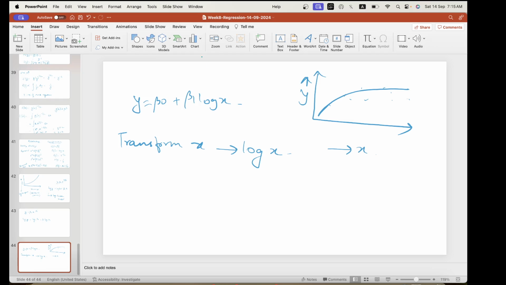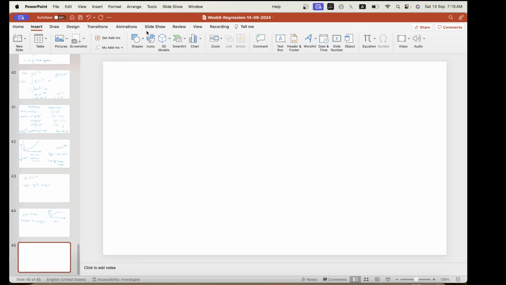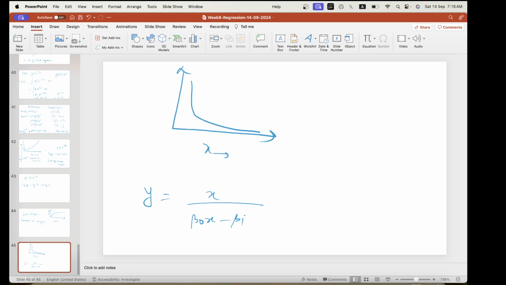Another situation that could arise is this one, where as x increases, y sharply decreases, and this is how the graph looks. Then we can model it as y equal to x by beta naught x minus beta 1.